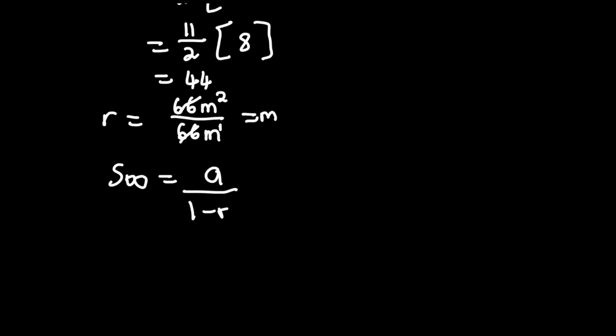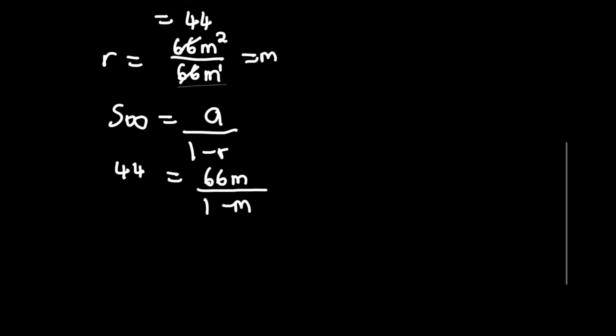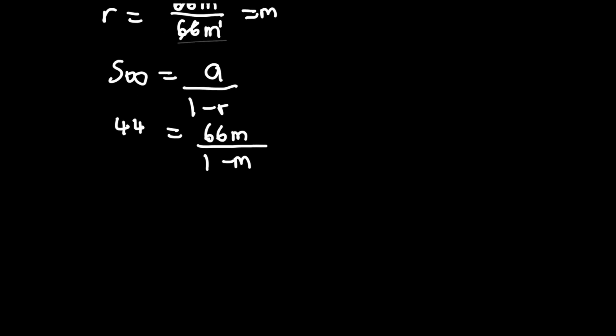So 44 equals the first term 66m over 1 minus m, which is our r, and then we're going to cross multiply, because here it's over 1.